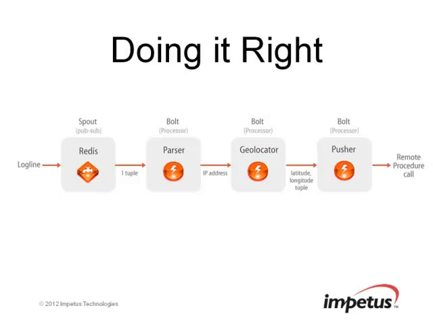Based on the IP address, this geolocator bolt will have the processing logic to extract the exact location of that IP address. And finally, the geolocations will be fed to a pusher, which will then send this data to the client's browser via a remote call, maybe to a WebSocket server.